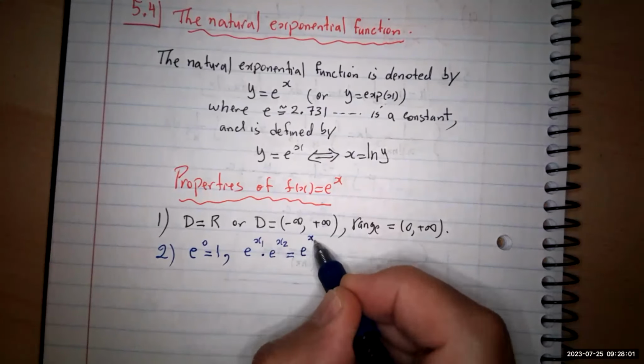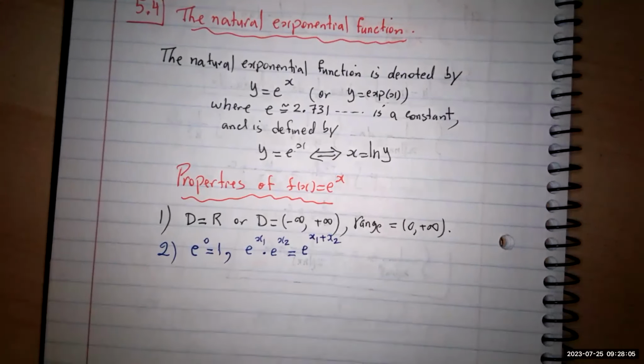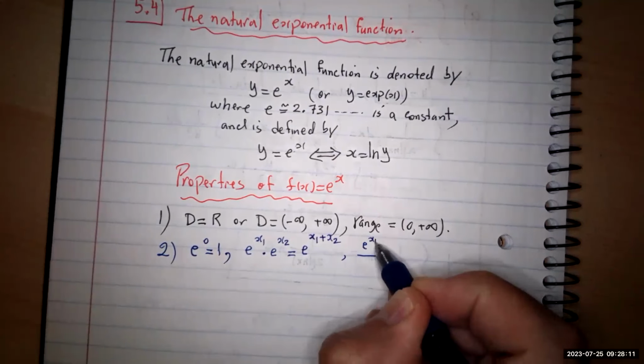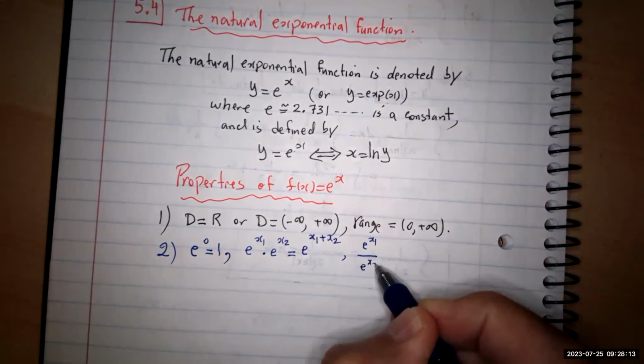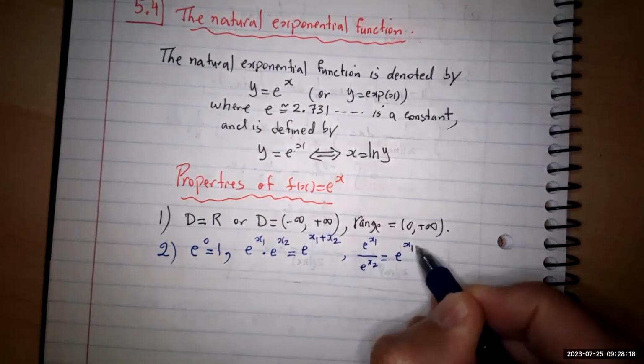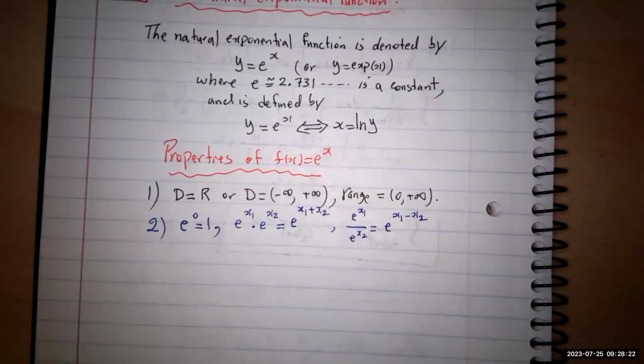So it's going to be e to the x1 plus x2. That's a product. If you divide e to the x1 over e to the x2, you divide with the common base, so it's going to be e to the x1 minus x2. Again, there are some places where we may have to use it, so we want to make sure to remember it.